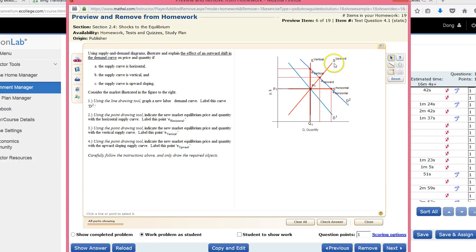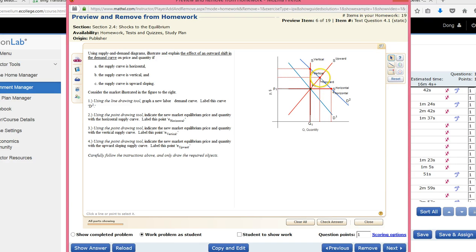When the supply is upward sloping, this situation lies between when the supply is horizontal and when the supply is vertical. And you can see the effect on the price and the quantity also lies between those two extreme cases.